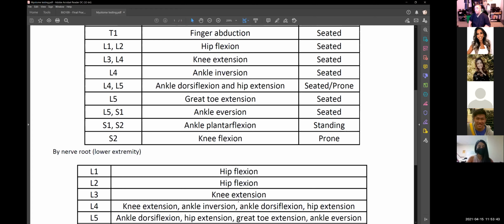You could even do sidelying technically, except sidelying is removing gravity. Even this one, when I push down, is adding gravity. But again, like Dr. Johnson and I said, this is a quick, dirty screening. We're not really testing each muscle individually. This is the spinal cord sending the signal to the leg.